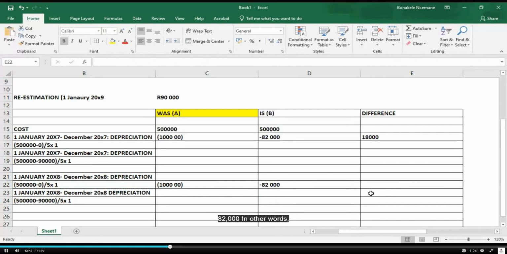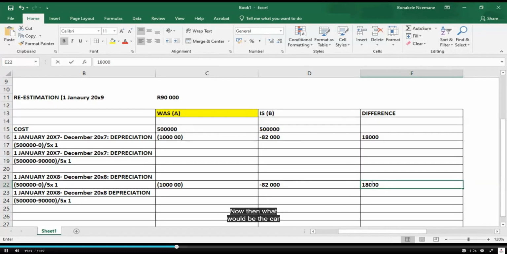In other words, for the 20X8 financial year there would be a difference of 18,000 when you compare before the change in estimate and after the change in estimate.